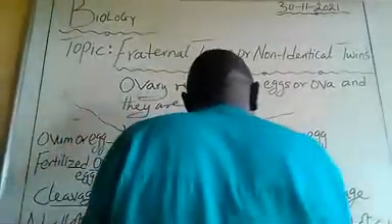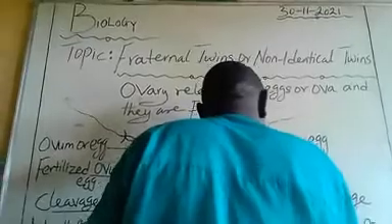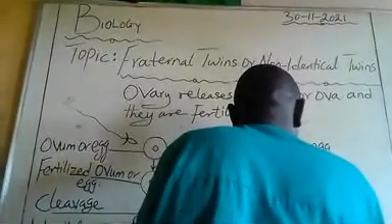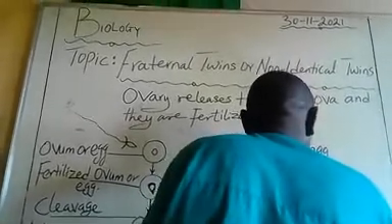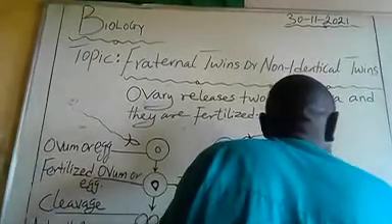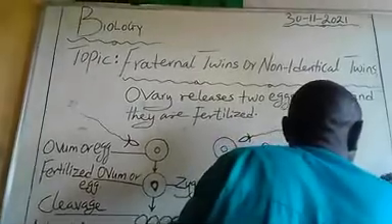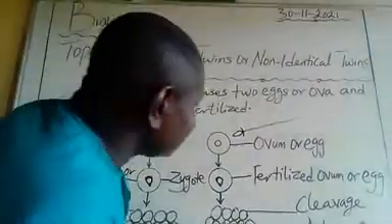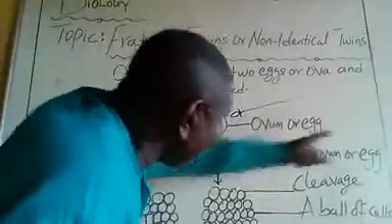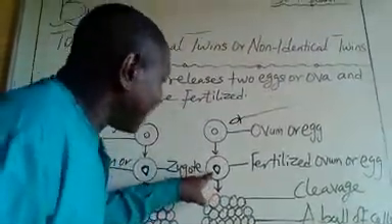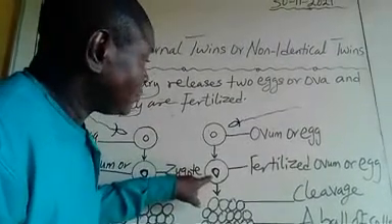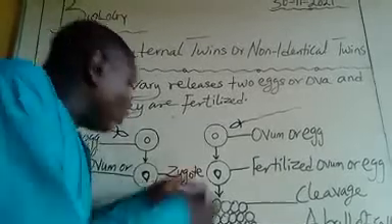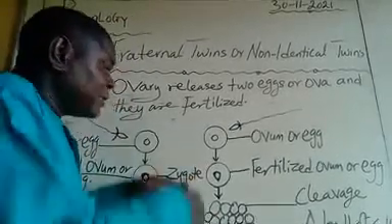You can call this a fertilized ovum or egg. This is a fertilized ovum or egg. We can call it a zygote. Okay.